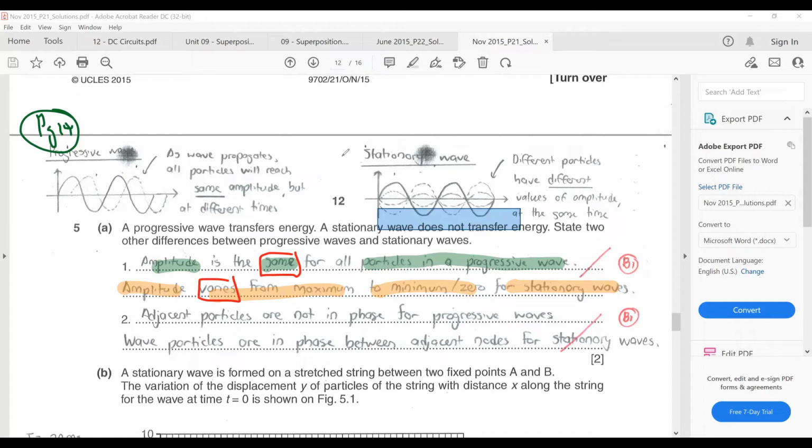And then the second one, you could say that adjacent particles are not in phase for progressive waves, whereas particles are in phase between adjacent nodes for stationary waves.